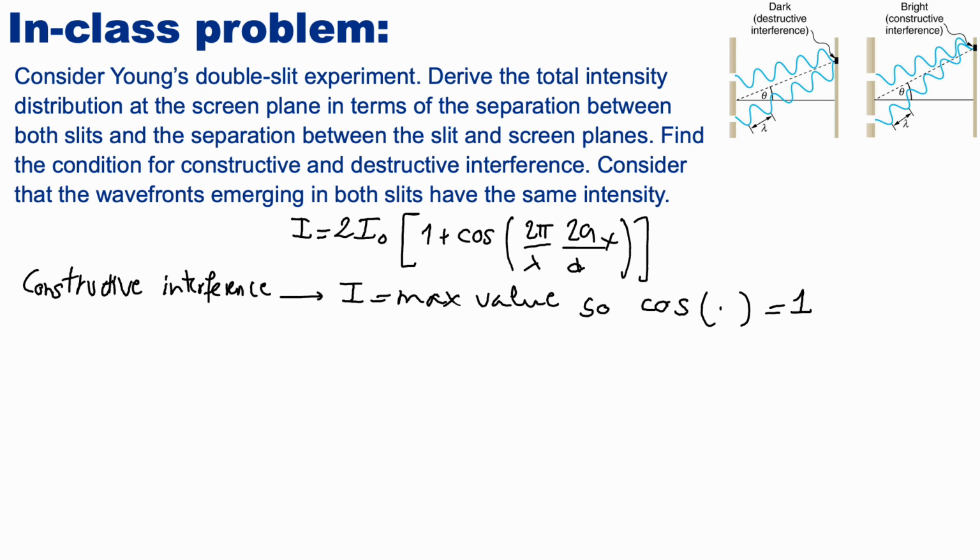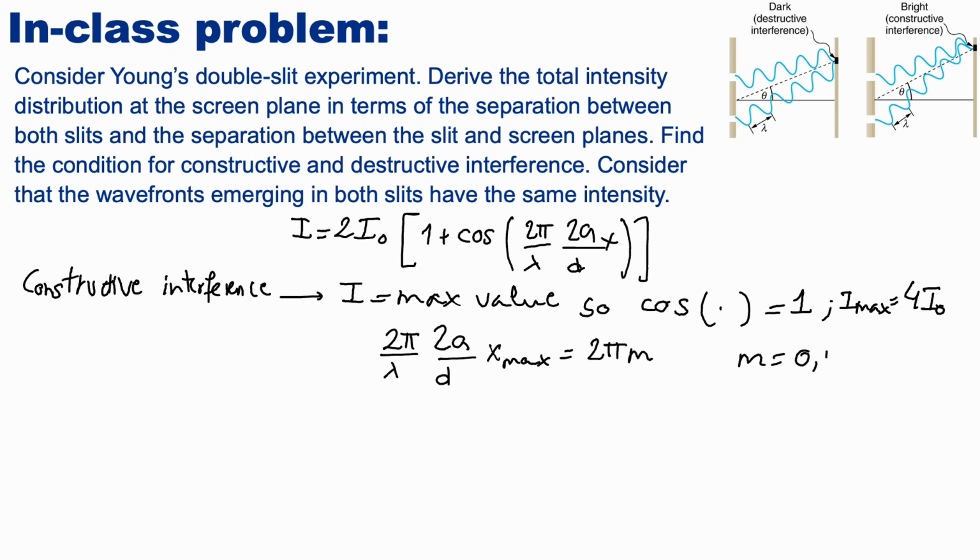In fact, the maximum value is going to be 4 times the intensity of the origin. The cosine is equal to 1 if the argument of the cosine is a multiple of 2 pi, where m is any integer.